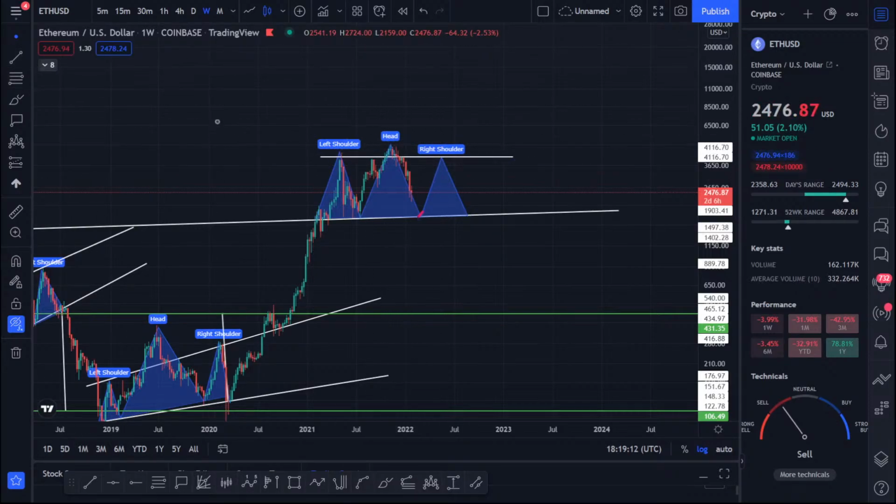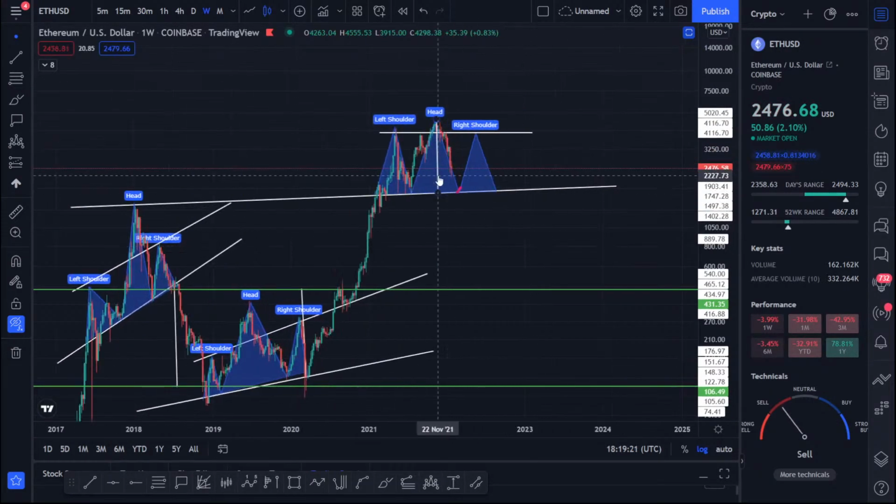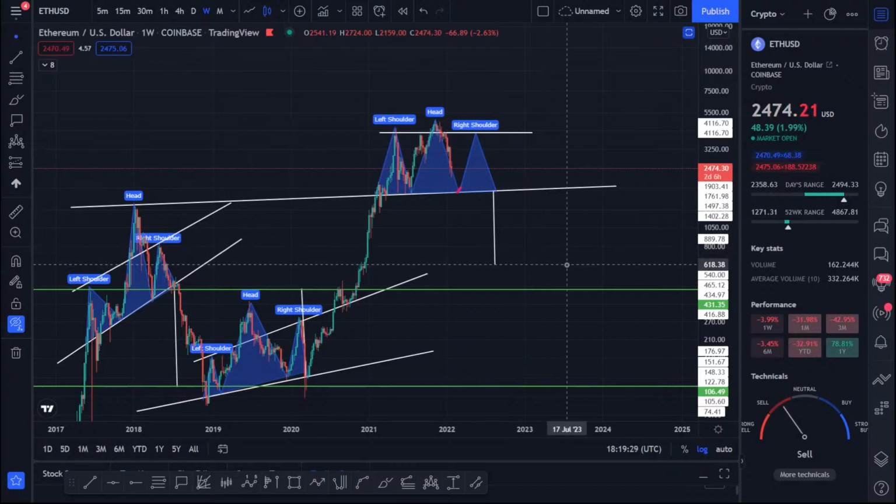If this is the head, this is what analyzing is all about. You try to predict if it can do something like that. If this is the head and it comes and breaks the neckline, where is it gonna go? You can see it's coming to these levels.